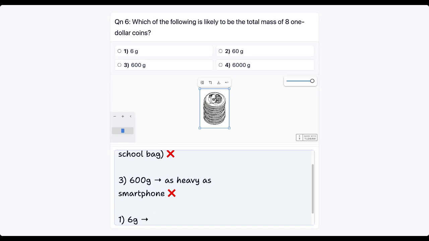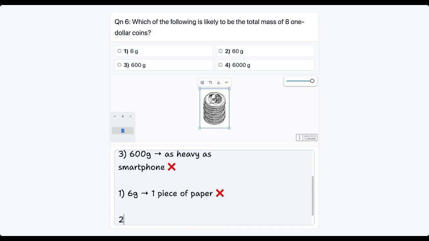To give you an idea of how light 6 grams is, it's actually as heavy as one piece of paper.